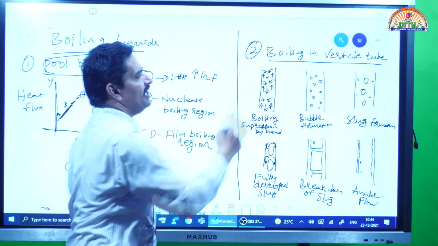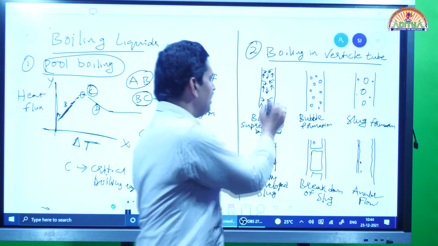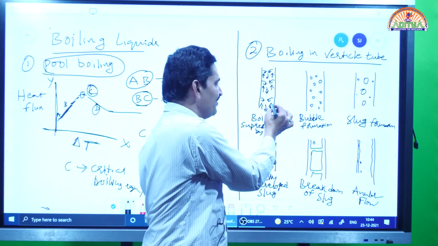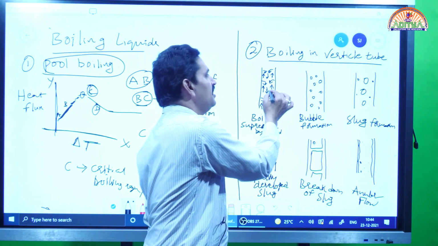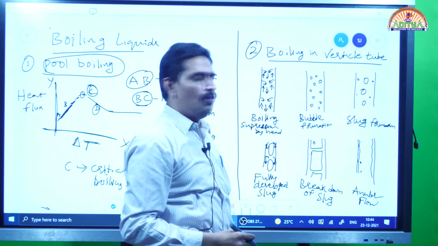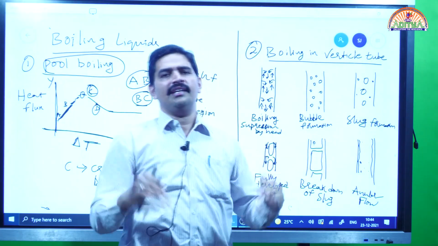Coming to boiling in a vertical tube, initially at the base of the tube, the rising of boiling water is suppressed by means of the head which is present above the base. That means liquid arranges in different layers.